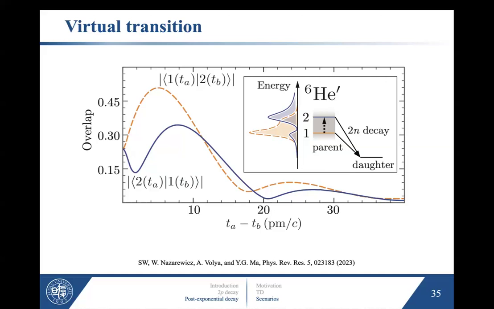In other cases they are orthogonal to each other, and then this transition is much suppressed, so there will be some periodic behavior. I think you can also see it in this overlap, as some oscillations.